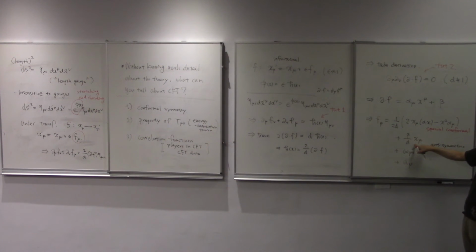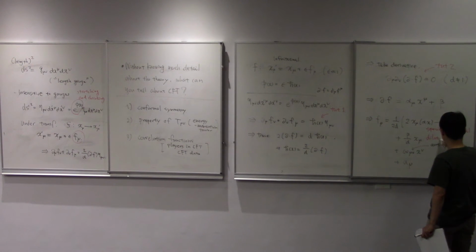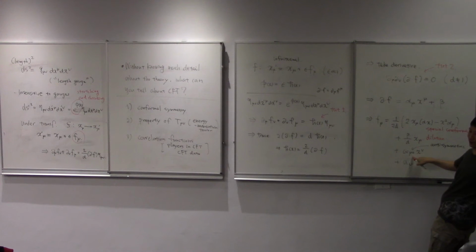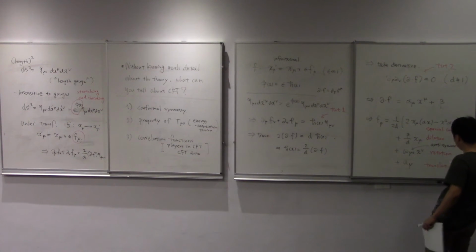And this one is dilatation. Obviously, this is rotation, an anti-symmetric tensor. And then this is the translation.